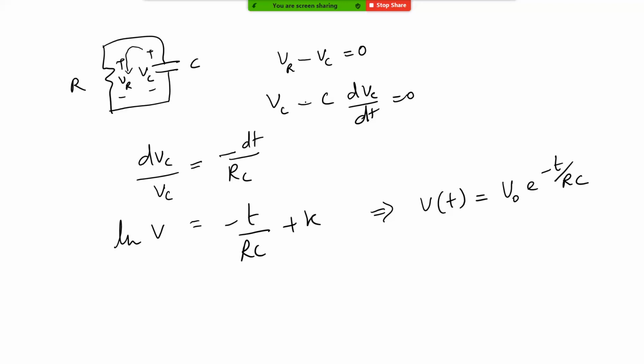If you go around like this, it is basically a subtraction of VC. Sorry, here you will have C into R also.